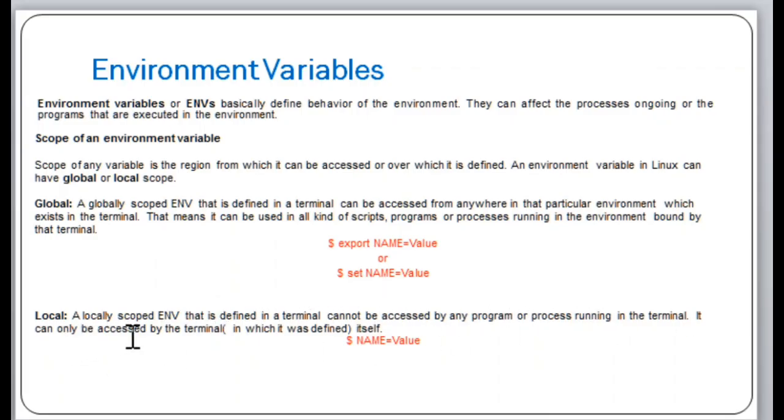It can only be accessed by the terminal in which it is defined. And remember, we just saw how to do that. All the previous variables we saw were variable equals and then the value, and that's it, right? So local variables can be accessed only on the terminal that they were set in. Global variables can be accessed on any terminal by any user on the environment.